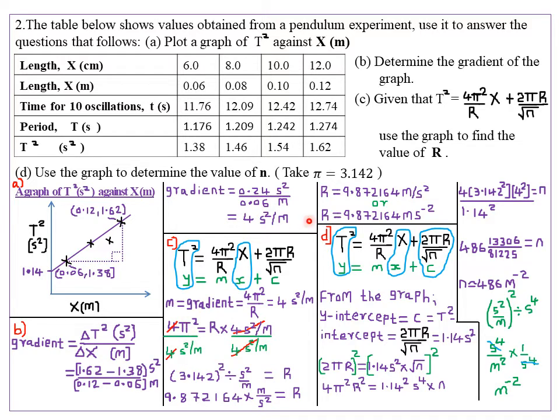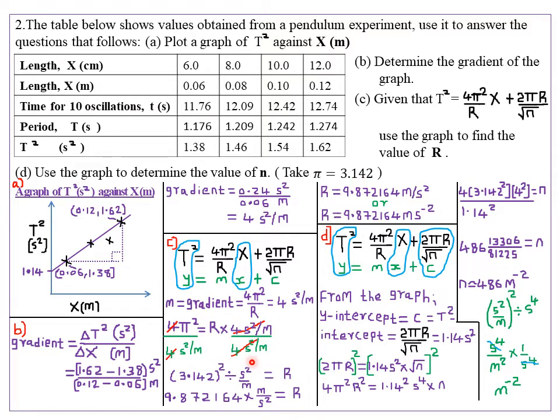Of course, we are given to take the value of pi as 3.142. Also be careful to strictly use the value of pi that you have been given. Don't be tempted to use, for example, 22/7 or 3.14. You strictly use the value of pi that you have been provided in the question, unless otherwise stated.